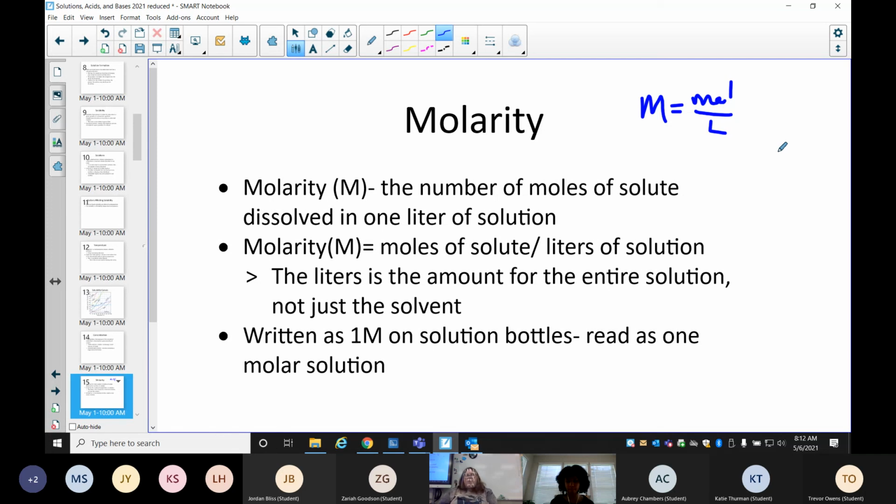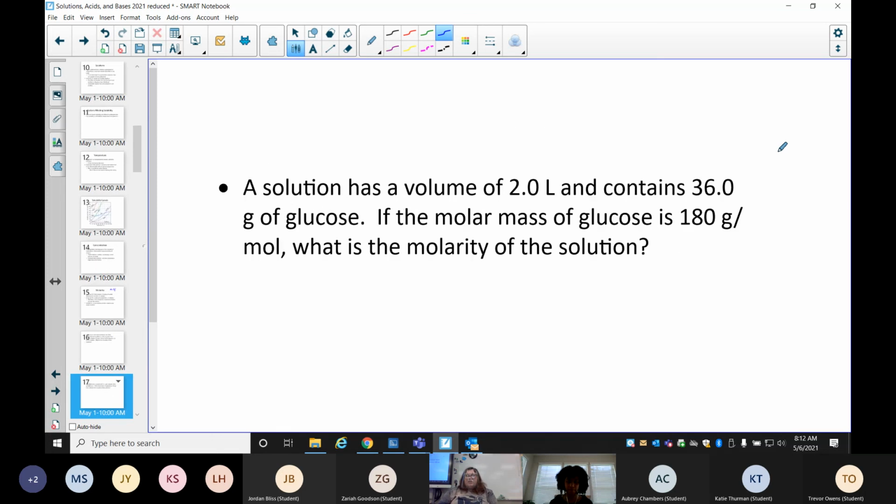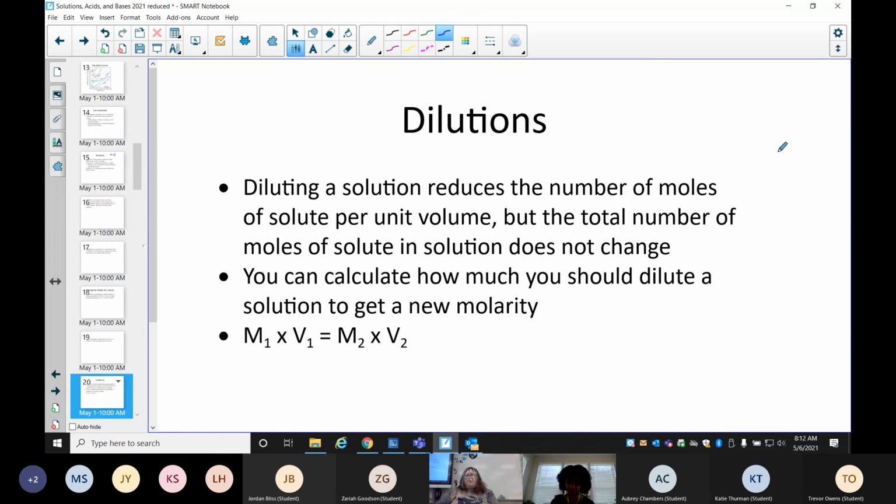It will also have problems regarding dilutions. Remember, that was using this formula off of your reference sheet. That's where you have the same substance and you're changing the volume, which changes the molarity. This is the one where if you have 2 of the same variable, it's going to be a dilution problem.